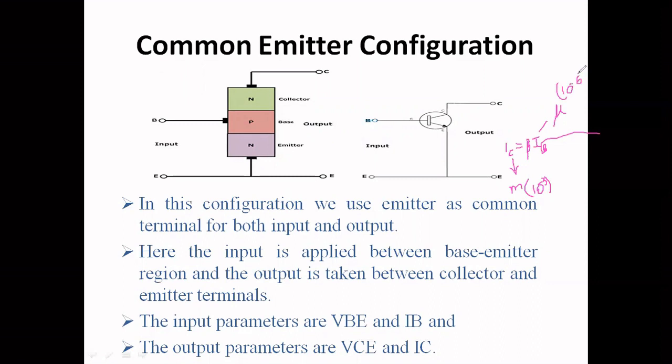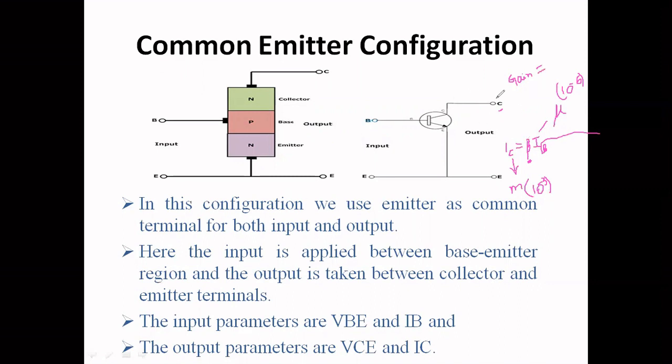So beta is the current gain. This beta you can see here, you are collecting the output across the collector. So whenever you write gain, it is always output by input.